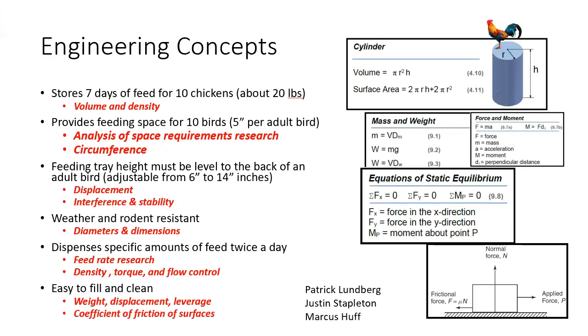Engineering concepts. This is where you connect your design specifications to STEM principles. It can be as simple as this, where you have, here's what we're trying to do and how you would measure that with some physics. And then here are some formulas over here. I've got a few in here. We're talking about weight and displacement, leverage, coefficients of friction, that sort of thing.